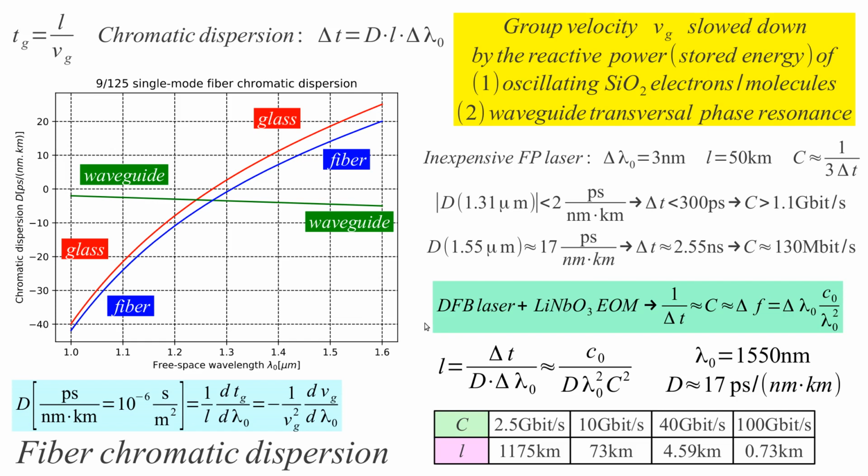If we calculate the group delay, it is of course the length of the fiber divided by the group velocity. But chromatic dispersion, what does that mean? It means that this group delay, Tg, changes over the region of wavelengths we are using.